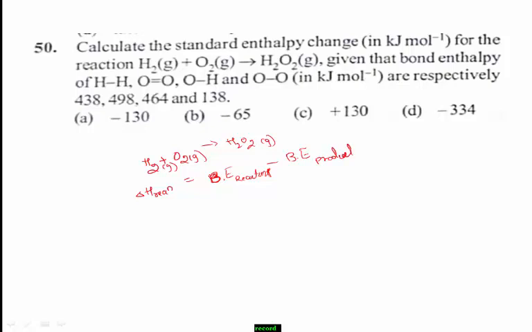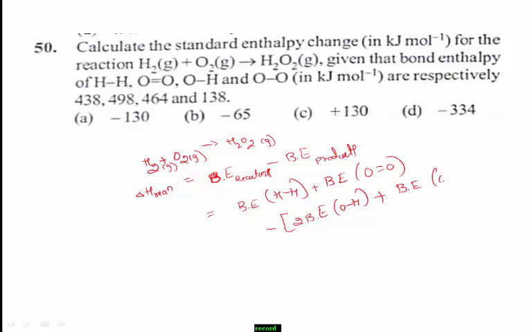Here, the bond energy of hydrogen plus the bond energy of oxygen, minus 2 times the bond energy of O-H plus the bond energy of O-O. Yes, they gave the values.